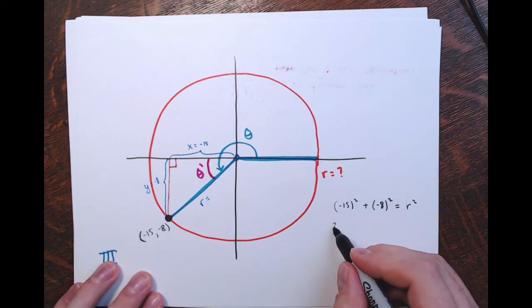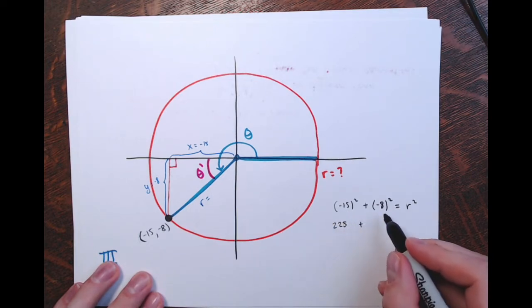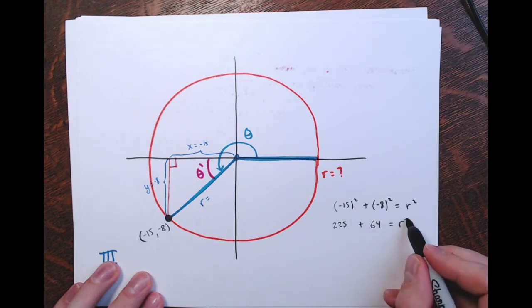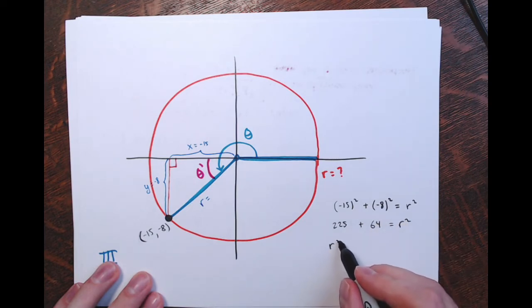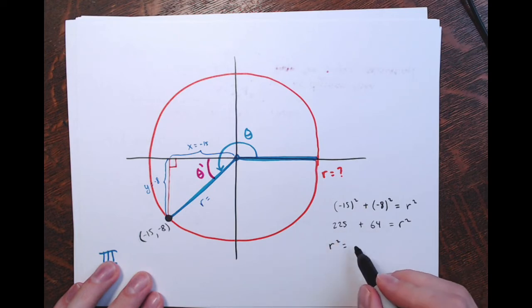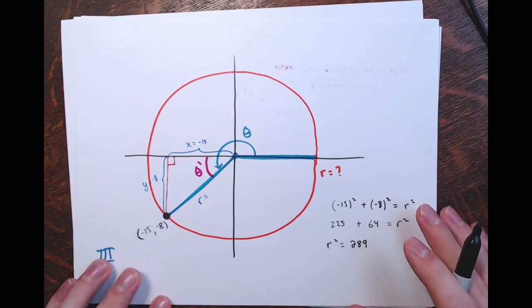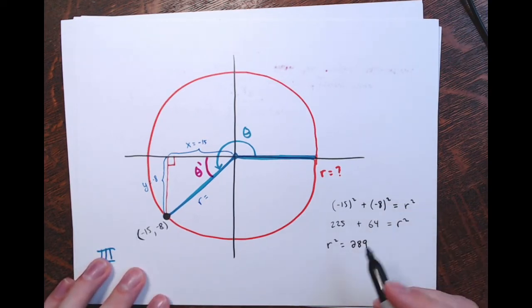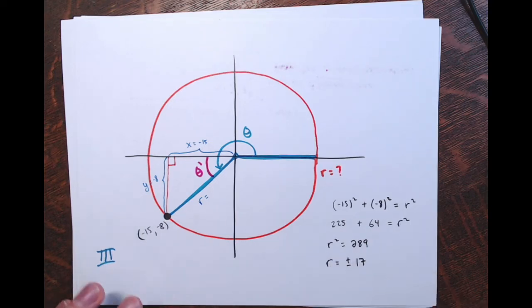This is 225 plus this is 64 equals r squared. So r squared equals 289. The square root of 289 is 17. So r equals plus or minus 17.